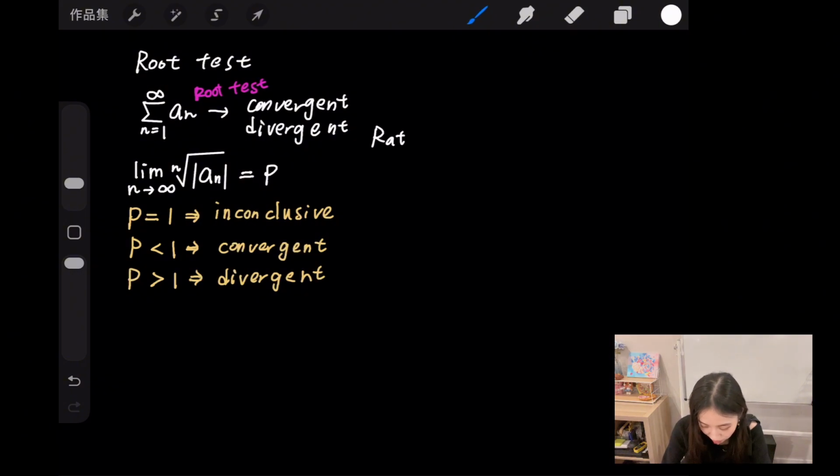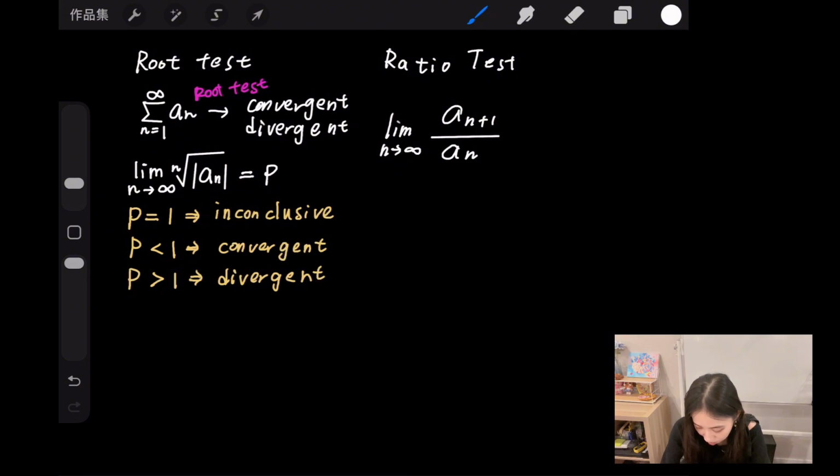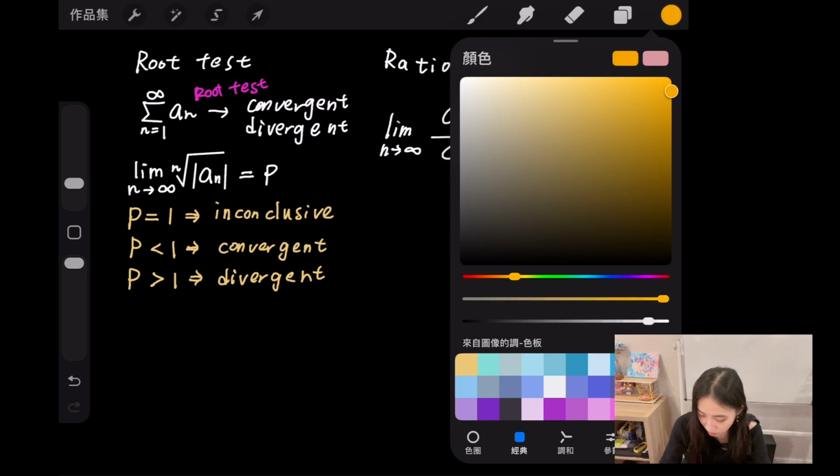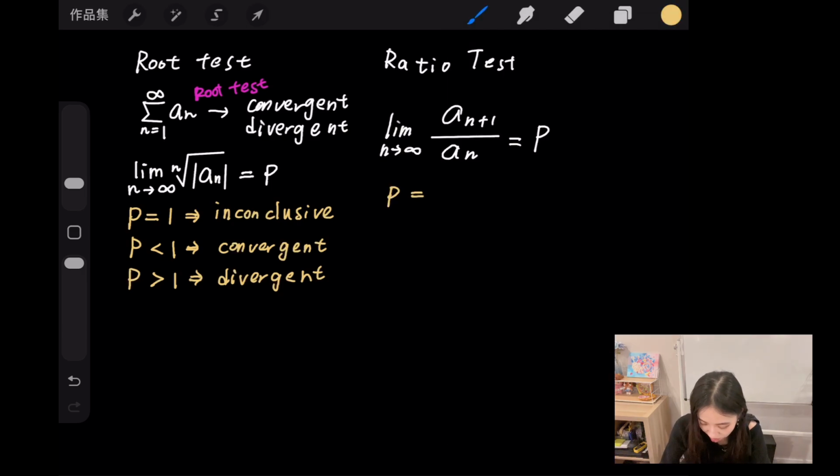So for the ratio test, okay, I should align them. For the ratio test, the limit as n approaches infinity of a sub n plus 1 all over a sub n equals p. So here it's the same thing. If p is equal to 1, that means you need to use another method because it's inconclusive.